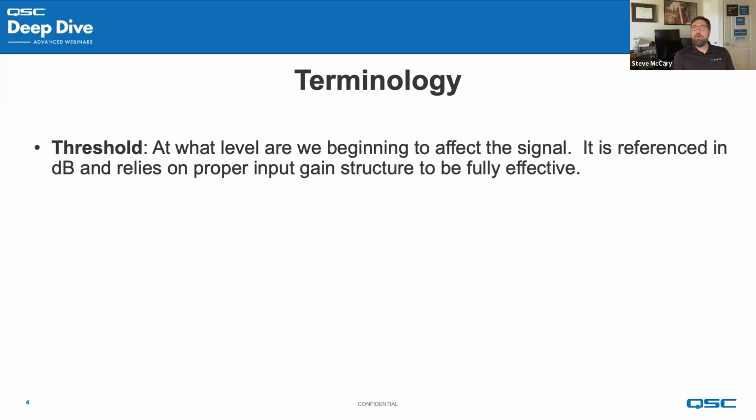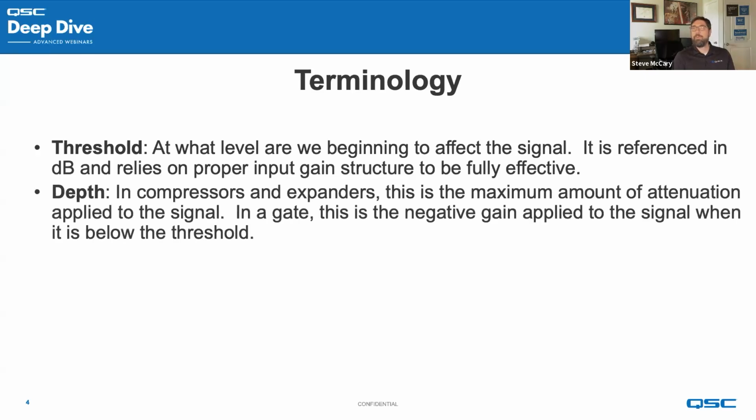At what level are we going to begin to affect the signal? This is super tied into your gain structure. So if you've gone through the gain structure class before, please use all of those tips and tricks before you ever get into this. Otherwise, you will have a really hard time getting your dynamic audio processing to work properly.